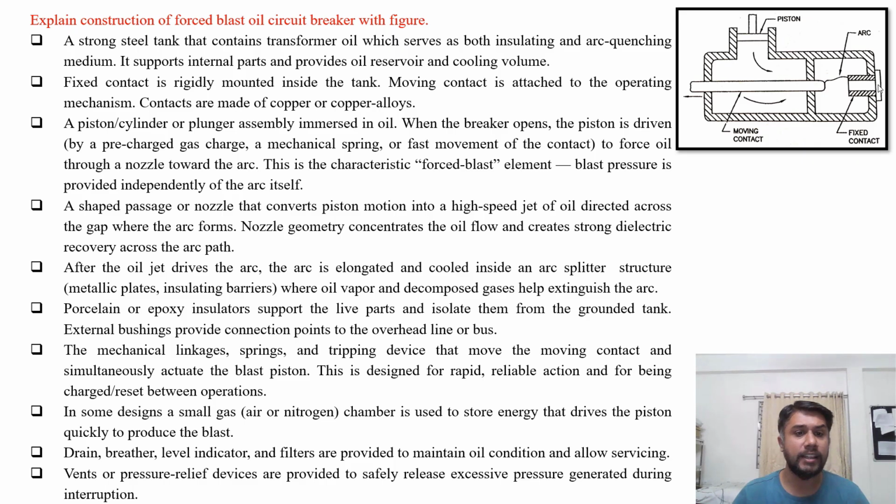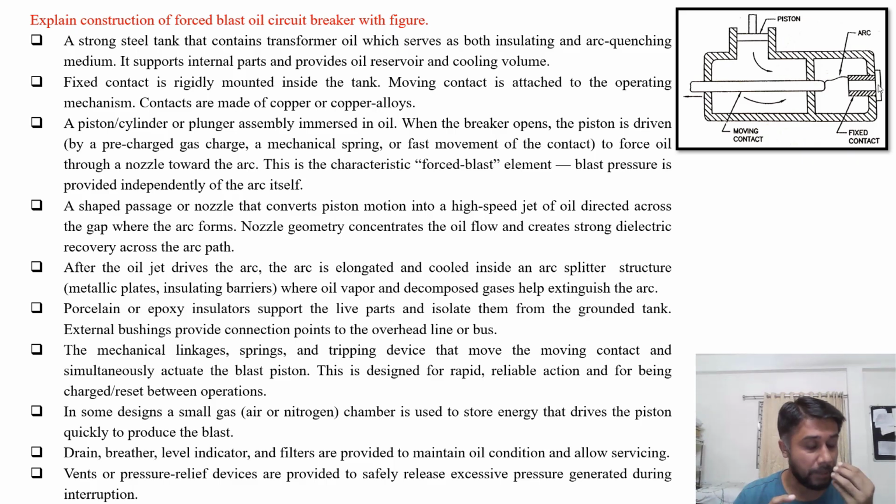The mechanical linkages, springs, and tripping devices move the moving contact and simultaneously actuate the blast piston. This is designed for rapid, reliable action and for being charged or reset between the operations. In some designs, a small gas chamber, either of air or of nitrogen, is used to store energy that drives the piston quickly to produce the blast.